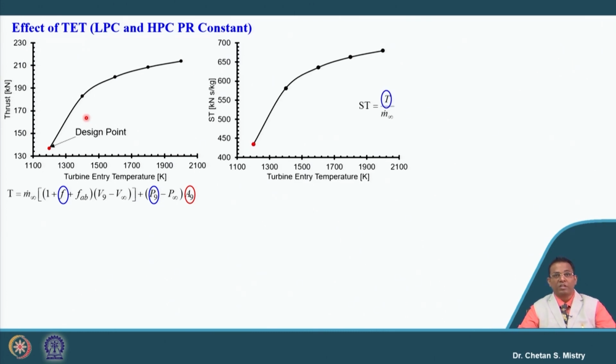Since my thrust is increasing, that is the reason my specific thrust also is going to increase with the increase of turbine entry temperature. Now, you can put the plot for thrust specific fuel consumption.